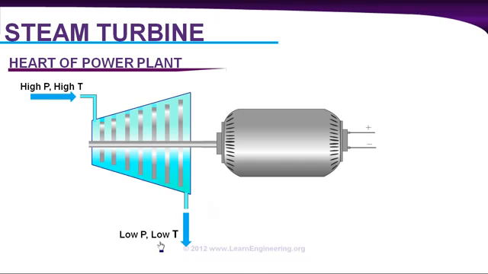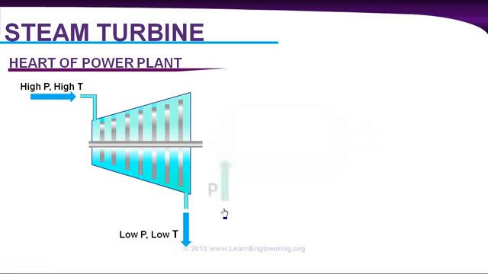If somehow you can bring this fluid back to its original state, to high pressure, high temperature, then you can have a continuous process, so you'll get continuous electricity from the generator side. That exactly is our challenge in a steam power plant: how to convert this low pressure, low temperature steam back to its original state, meaning a high pressure, high temperature steam.